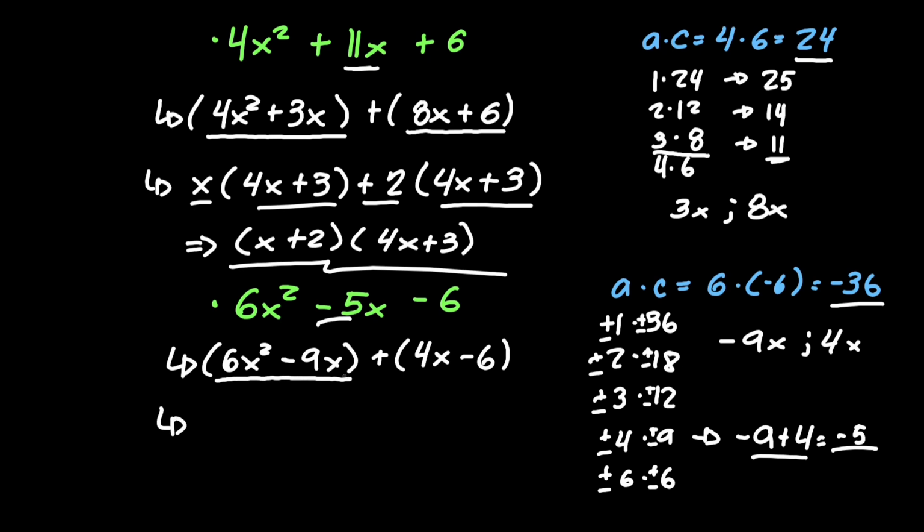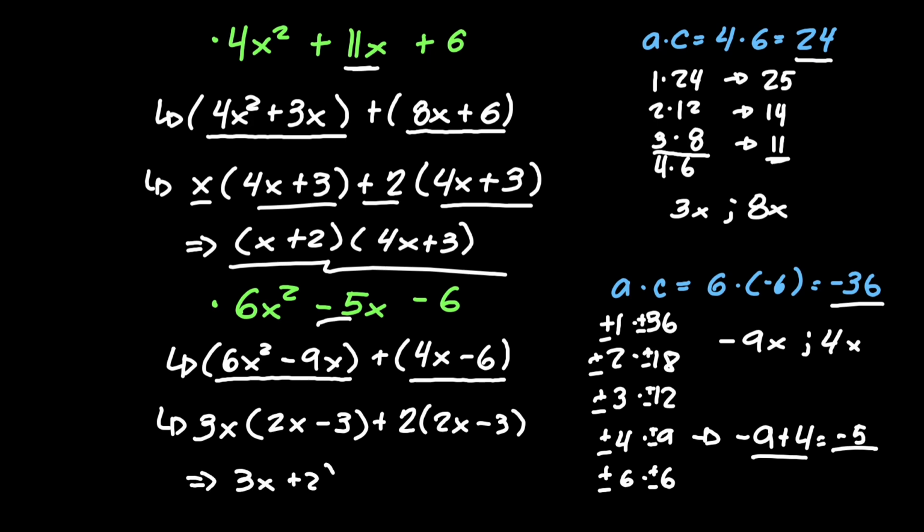The factor of 6x squared minus 9x would be 3x multiplied by 2x minus 3, plus the factor of 4x minus 6 would be 2 multiplied by 2x minus 3. So the factored form of this would be 3x plus 2 multiplied by 2x minus 3. So this will be the final answer.